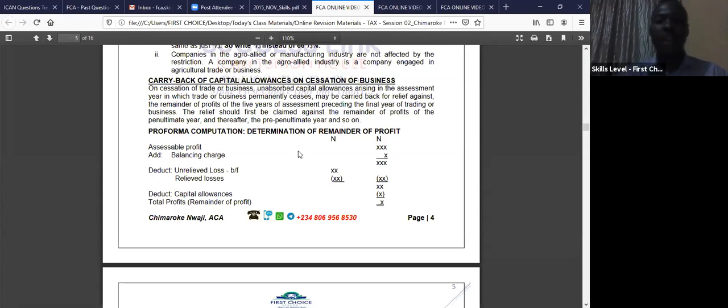But we don't do that. Instead of taking it to the next year, because the business is ending here now, we take it back. So there's no way we can take it forward. So we take it backwards for 5 years. So we start counting it because we are in the ultimate year, the year the business ends. So we start counting backward. Five years, starting from the penultimate year.